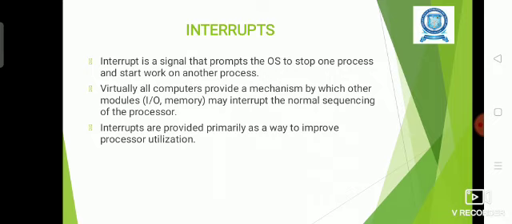So the CPU will be performing its normal execution as per the scheduling of the operating system. Whenever the CPU notices an interrupt coming from a particular device, it will decide whether to process the interrupt or not. When the CPU decides to process the interrupt, it will send an acknowledgement signal to the device that sent the interrupt.